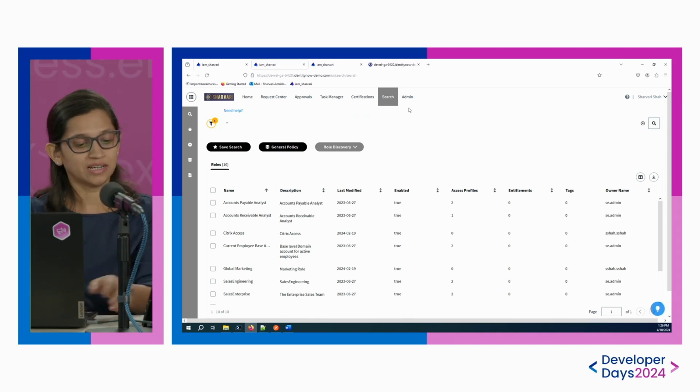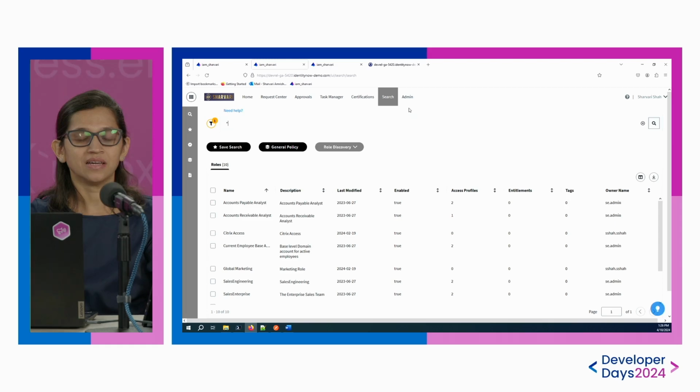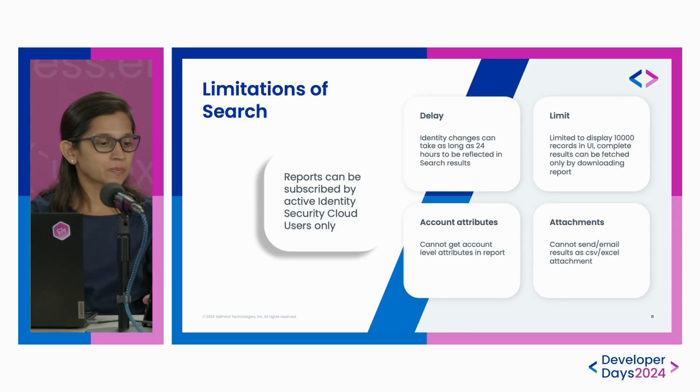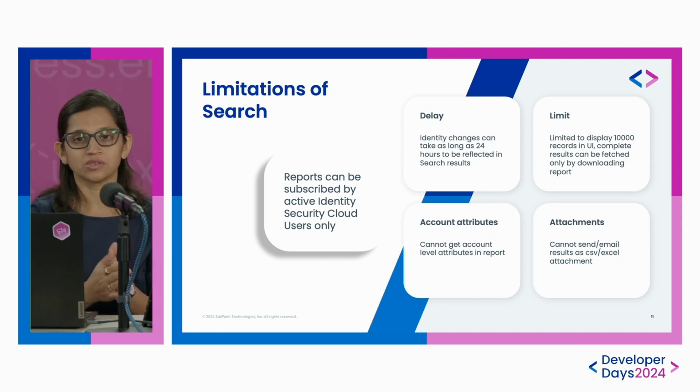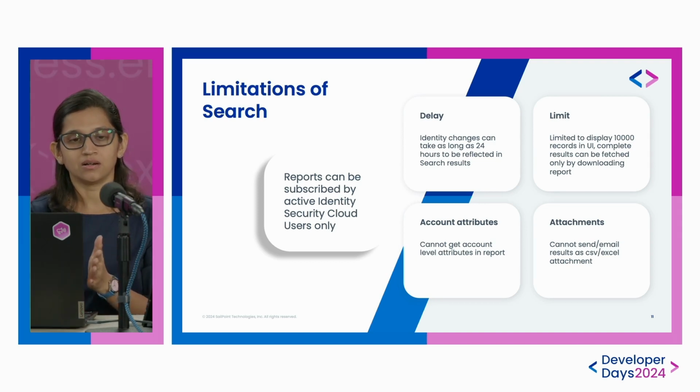But again, coming to the next slide, over here I'm going to highlight some of the limitations of search. One of the important limitations is, if you noticed in my previous slide when I was creating this subscription, I had to choose from an existing identity. But we do come across use cases where a report has to be sent out to a certain mailbox, which is monitored by a group of people.